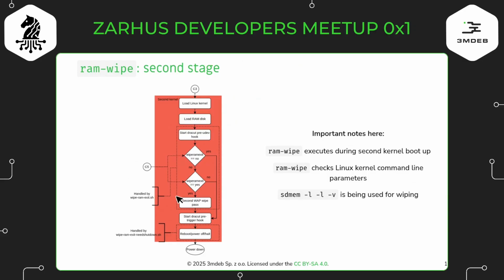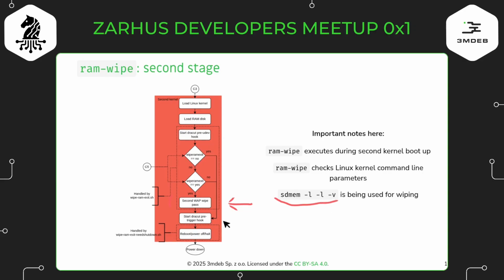Still, these Dracut hooks check whether something should or should not be done based on Linux kernel command line parameters. This is exactly where RAM wipe gets it. Then it does one color. Okay, here. It does the second wipe again with the same command.